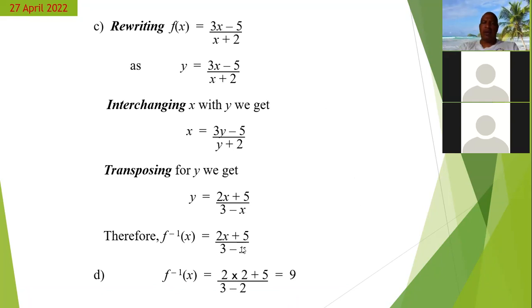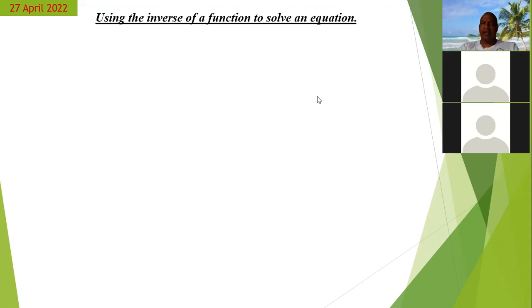Now you may be wondering why it is that this inverse function has +2, +5 over 3 minus x. Now this would be depending on the side that you choose to make the subject on, right? So if you make the subject on one side as opposed to the other side, the inverse function can look different, but your answer will work out to be the same. All right? So it doesn't matter if it is different once you're getting the same answer. All right, next.